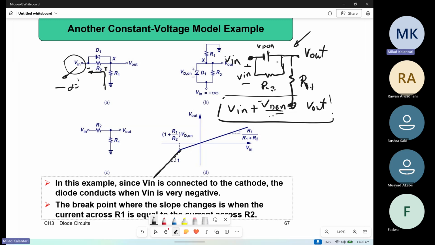So basically you always have some current passing through this R2, because you have a voltage source in parallel with this R2, right? Is there an easier way to figure out that value?